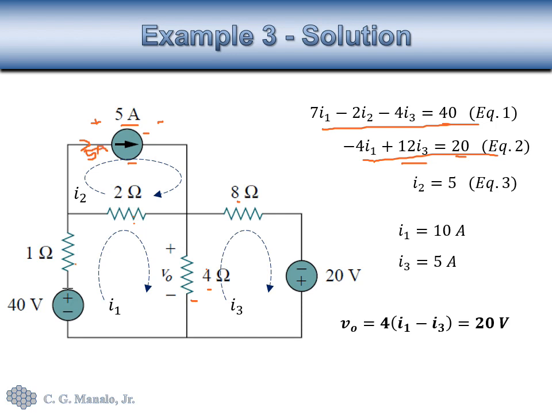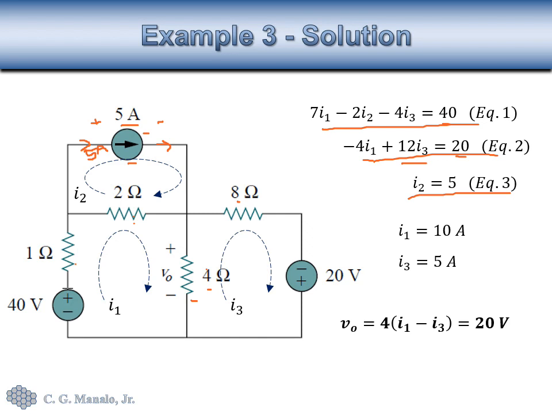And in terms of the loop current, the actual current here is also I sub 2. So therefore, I sub 2 must be equal to 5 amperes. So we immediately can write I sub 2 equals 5 amperes, and that should serve as our equation number 3.